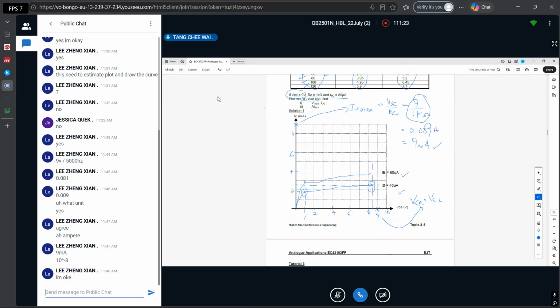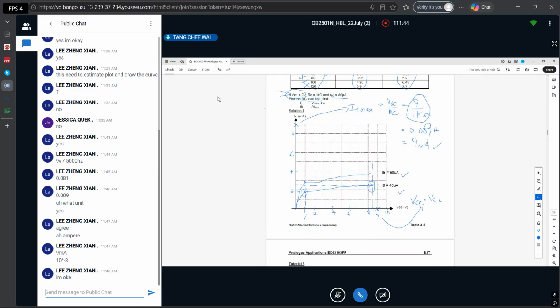Again it's 9 volts. So VCC given what? 9 volts, right on top here. Okay, so I have my second point, wonderful. Now I can draw my line already, my so-called DC load line.